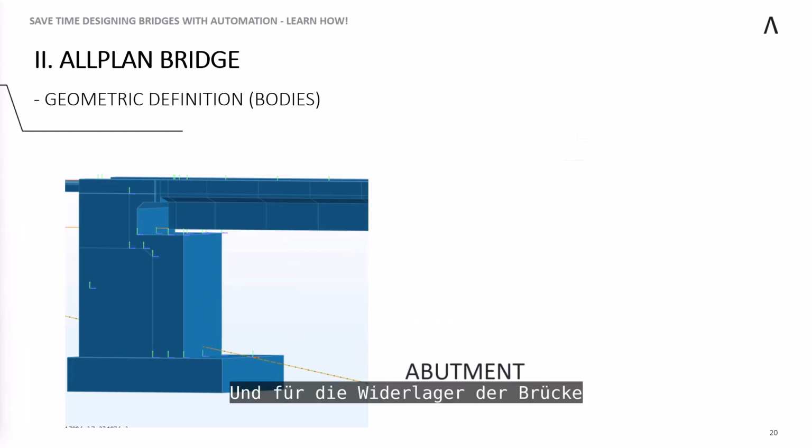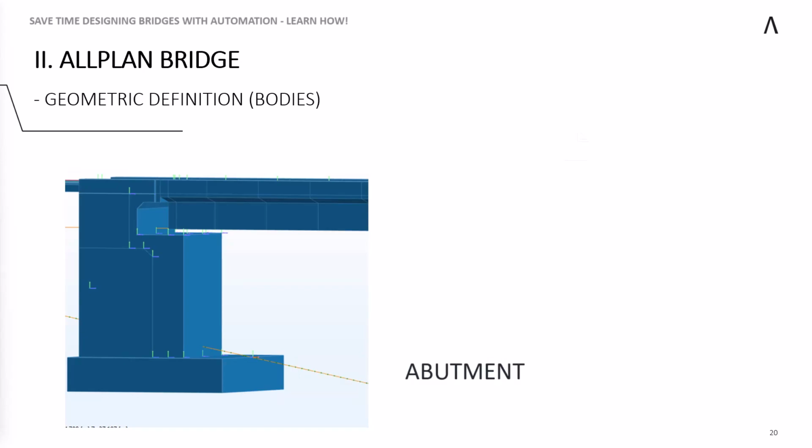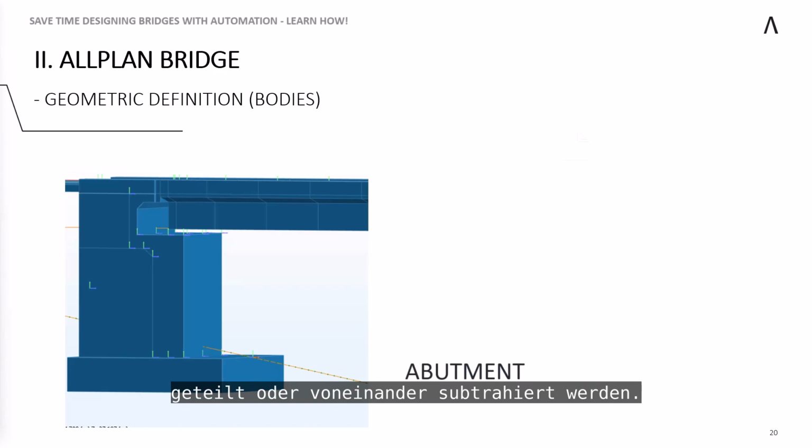And for the abutments of the bridge, it can be done easily by modeling 3D volume elements with bodies. When modeled with bodies, structural elements can be merged, divided or subtracted from each other with the new Boolean functions.